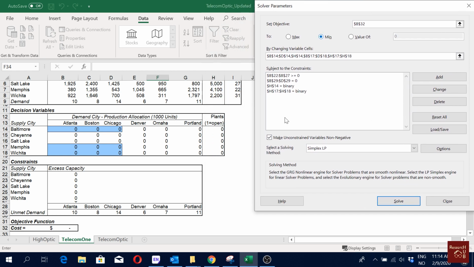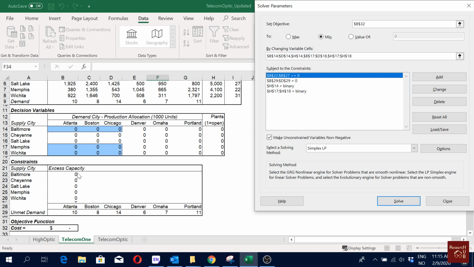And if you look into our constraints here, the first one, B22 to B27, all of them should be 0. So actually we don't need all of them. We need only the 3 that we focus on here.